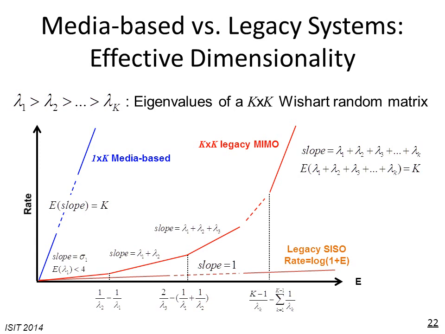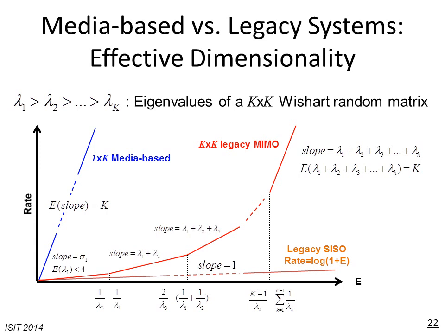In other words, when the energy is low in K by K legacy MIMO, in the water filling we focus all the energy over a single dimension, which corresponds to the largest eigenvalue.